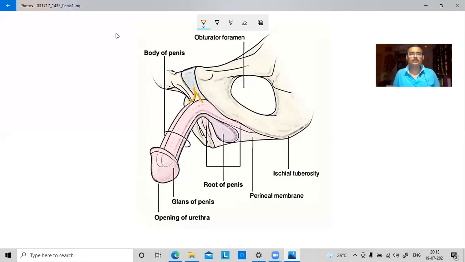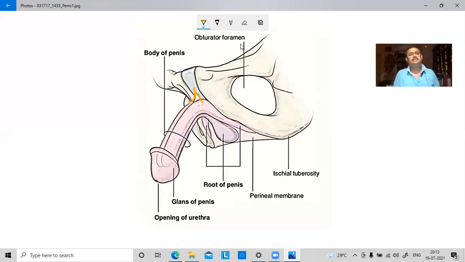Now coming to the nerve supply of the penis. Before we go into the nerve supply, I have earlier said that it is a male organ of copulation. Now this act of copulation, or the sexual act, consists of two parts.